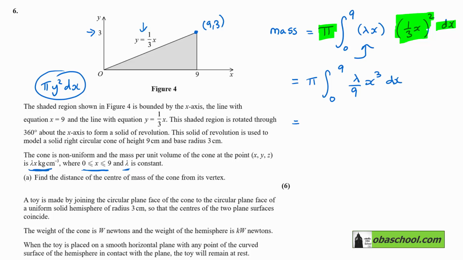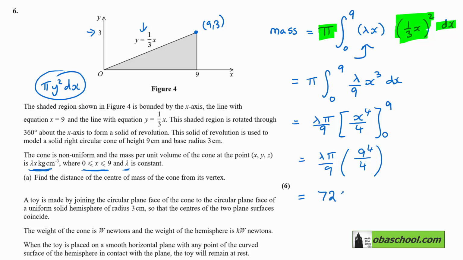So pulling out the constants, we've got lambda pi on 9, and then this will be x to the 4 over 4 from 0 to 9, which is lambda pi on 9 times 9 to the 4 over 4. You can cancel 9s or you can just sort it out on the calculator. It comes to 729 lambda pi on 4.